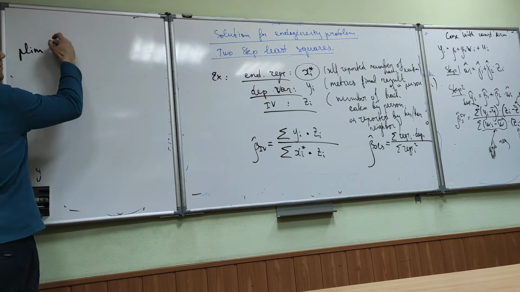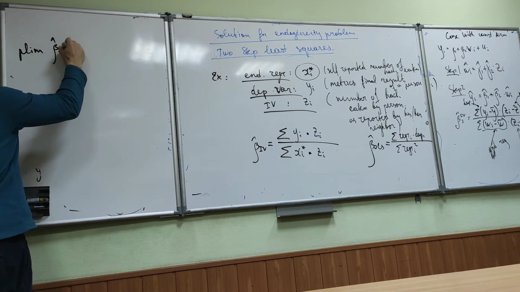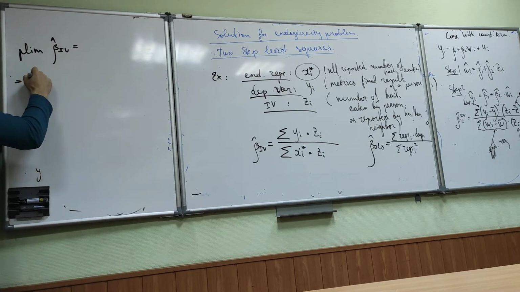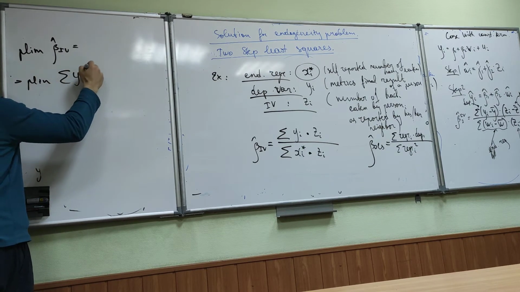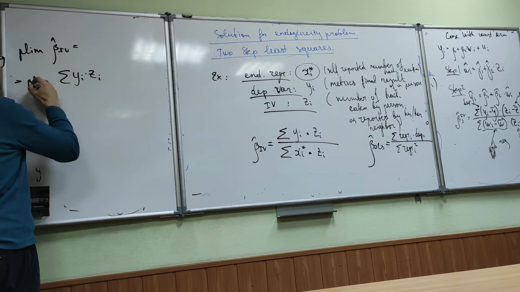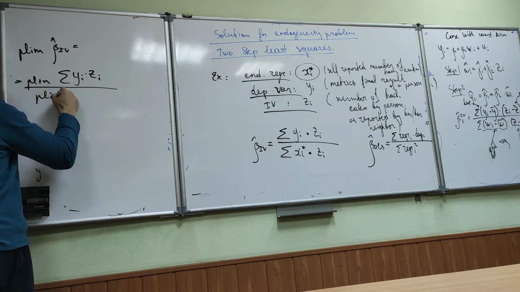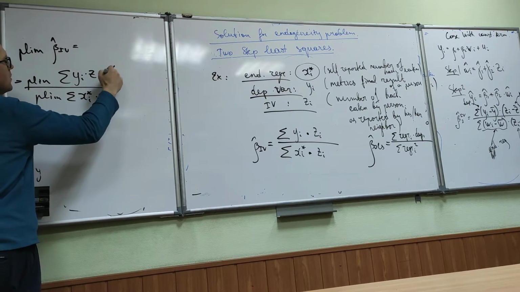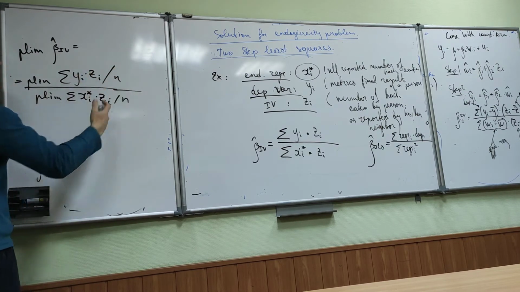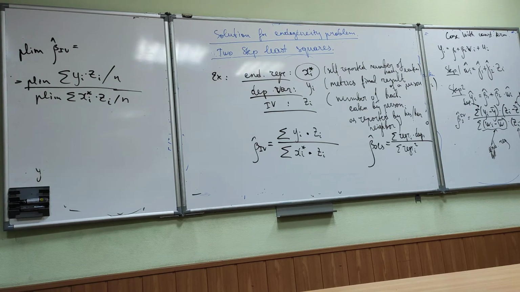Now let's check that everything works. We calculate the probability limit of beta hat. It's the probability limit of the sum of y times z divided by the probability limit of the sum of x star times z. We will divide by n and use the same trick as before.